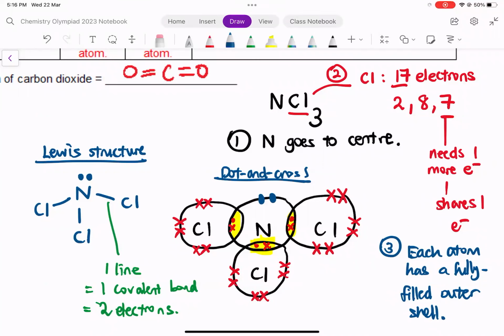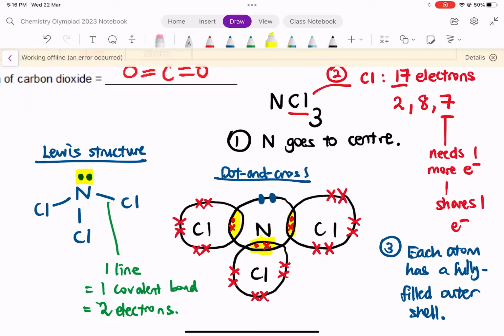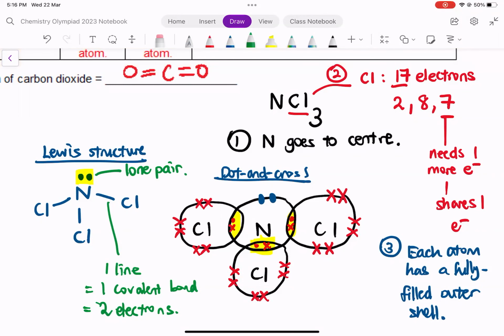Now, just based on this alone, you can predict many things already. Immediately, something that comes to your mind is the electron pair on N which is not shared. This is called a lone pair. As the name suggests, it's a lonely pair of electrons that is not shared.